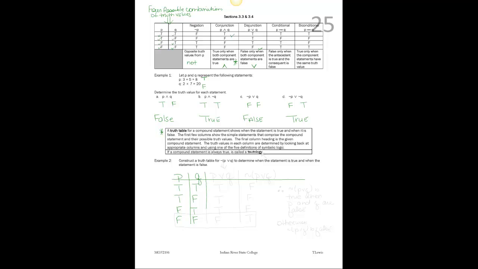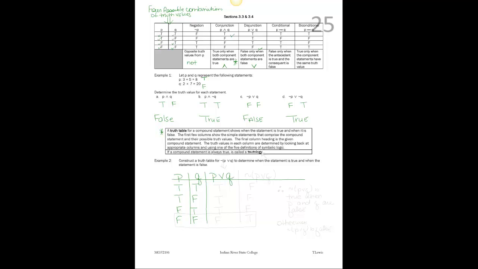Now remember, we start off with what's in the parentheses. We're looking at P or Q, and we fill out this truth table looking at our P and Q. Remember, for OR, for P or Q to be false, both P and Q must be false.